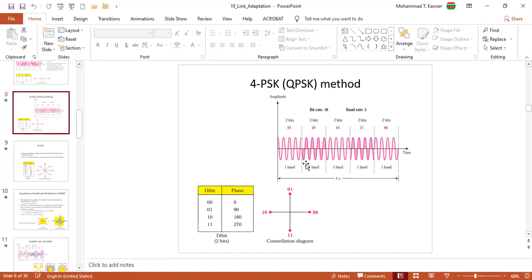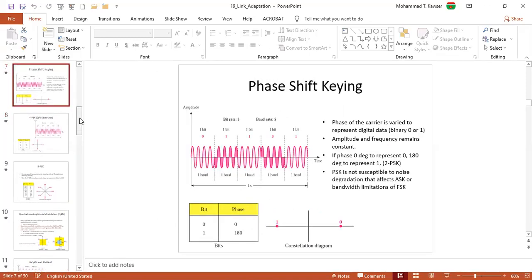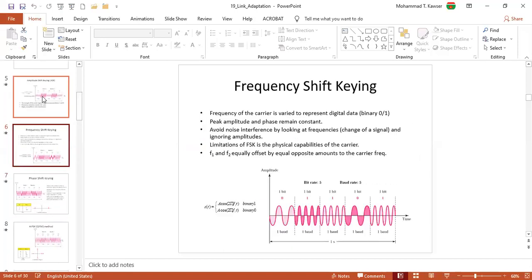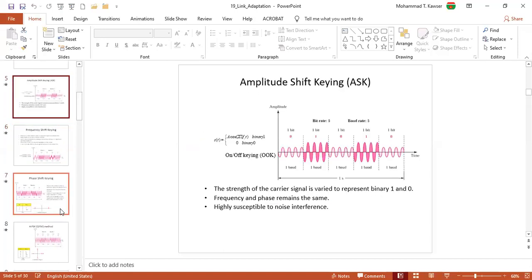You haven't yet modulated on the carrier. You're still with your information, and this information has been converted into some form which looks like an analog signal. It looks like an analog signal, but it carries digital information, ASK, FSK, PSK, or whatever.